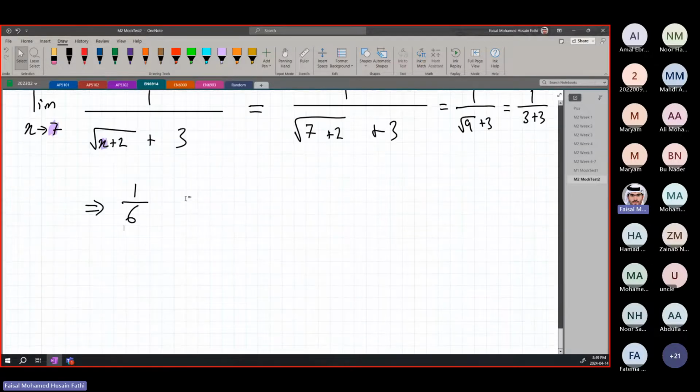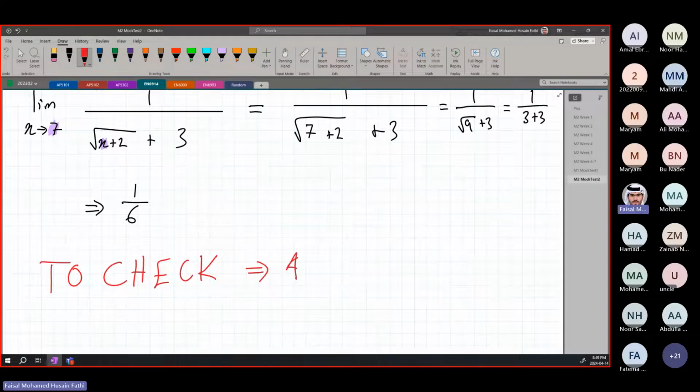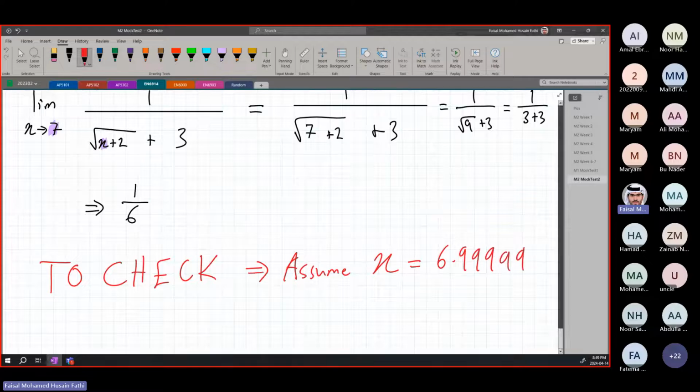So the way to check, so I'm just going to say this in red, to check, only to check. All right, assume x is equal to 6.99999, a number very close to 7. Again, you're only doing this to check, to make sure that your number is correct.